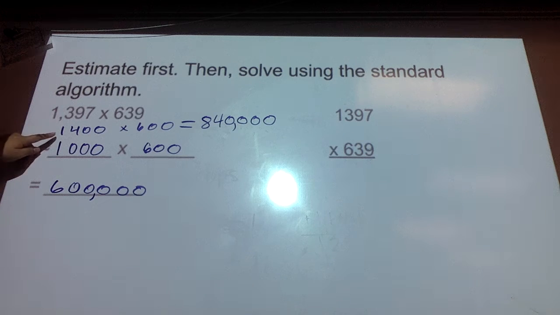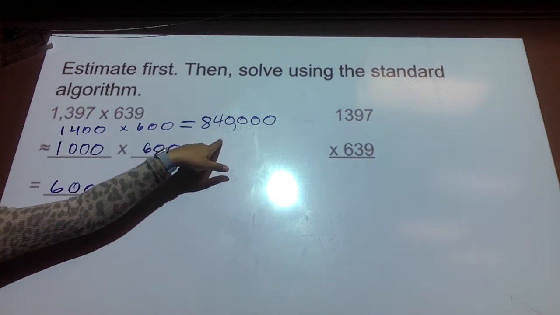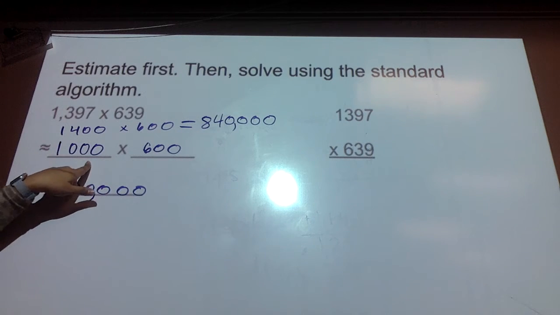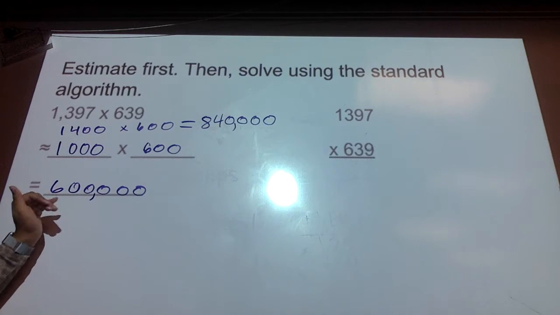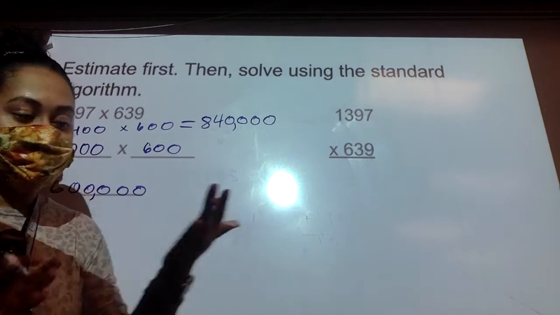Okay, so if we were to round to 1,400 times 600, we would get about 840,000. If we rounded to 1,000 times 600, we would get about 600,000. Okay? All right, so now we multiply using the standard algorithm.